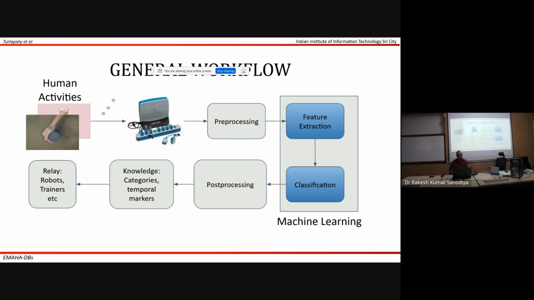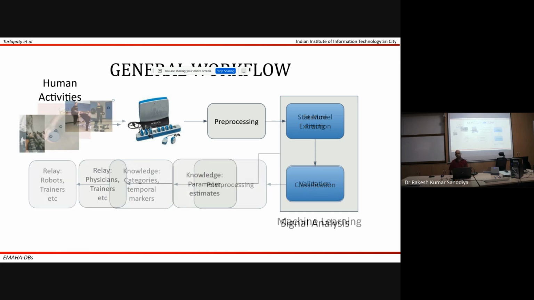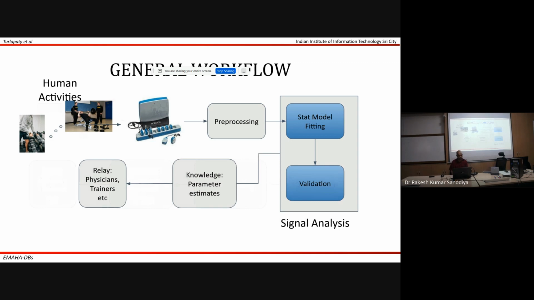The results, for example, categories or temporal markers of these signals, can be fed to the next system, such as a robot. Or information can also be provided to people like trainers or physicians and so on for further action. A similar workflow is also followed for signal analysis of these biosignals.